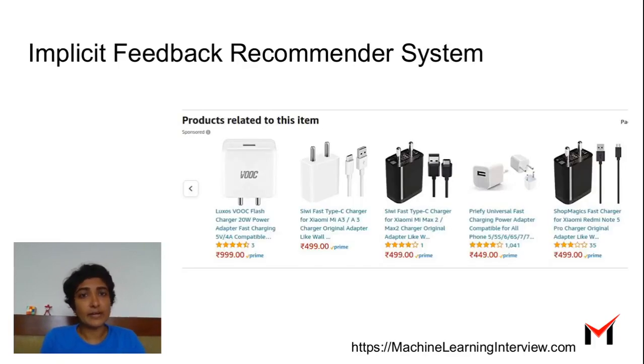The other type of recommender systems are implicit feedback recommender systems. Here you do not have an explicit user rating for each recommendation, but you could have some kind of implicit feedback from the way your system behaves. So for example, suppose you are looking at a product on one of the e-commerce sites, and you are shown a list of related products.